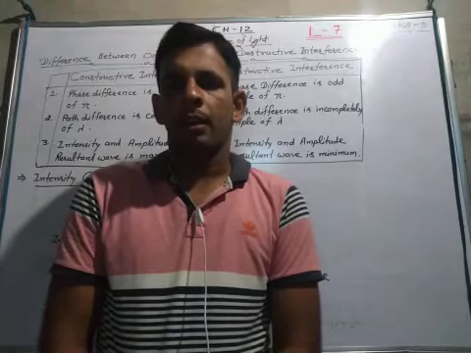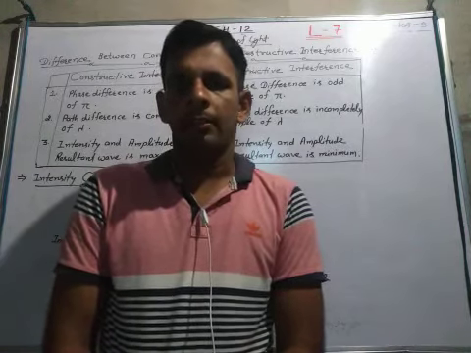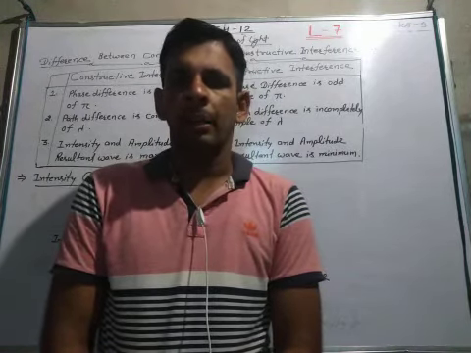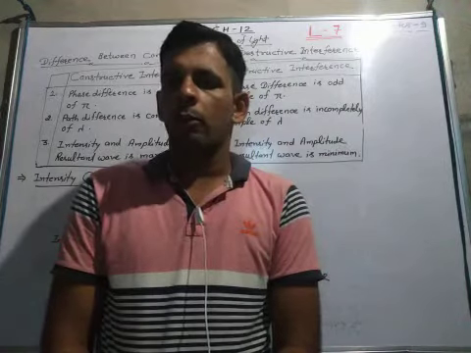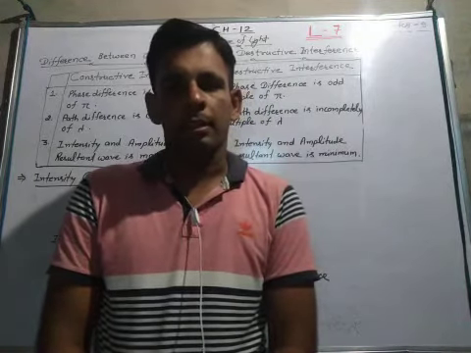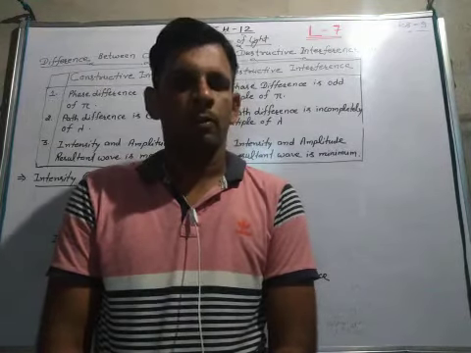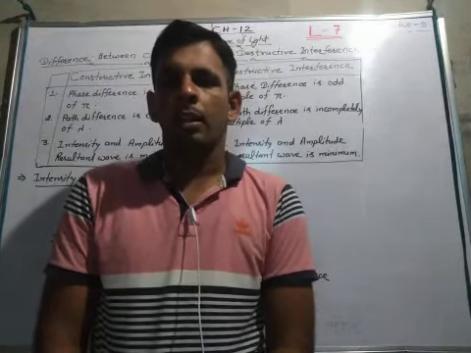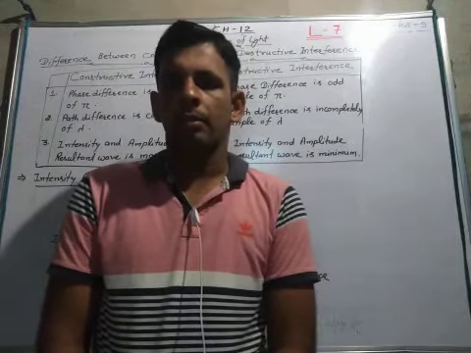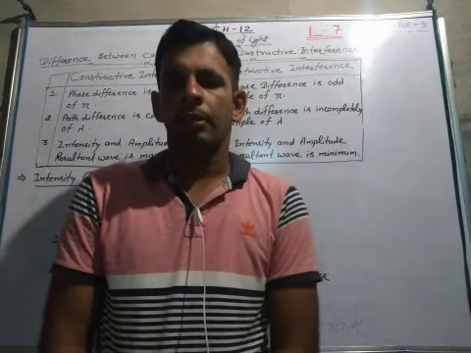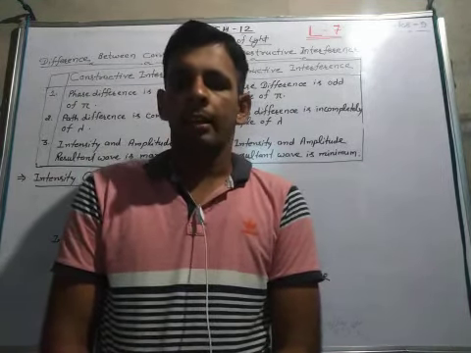Number one, in constructive interference, the phase difference will be an even multiple of pi, but in destructive interference, the phase difference is an odd multiple of pi. This phenomenon is declared in the definition.